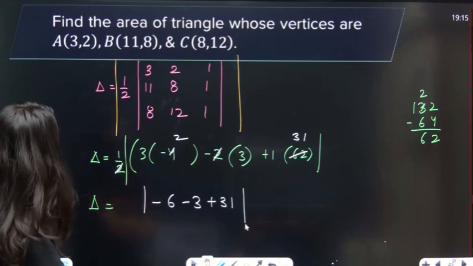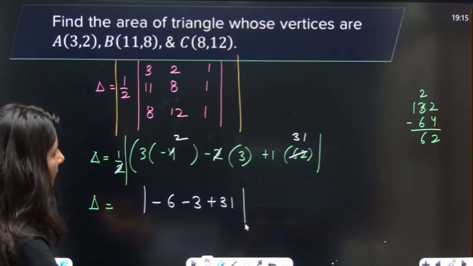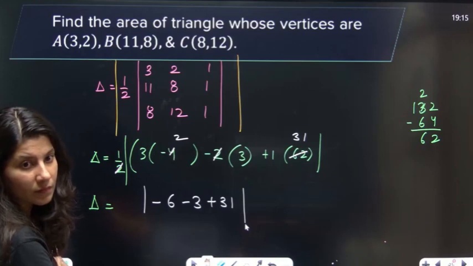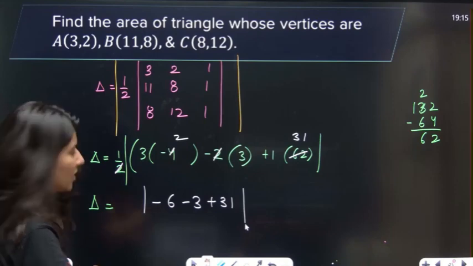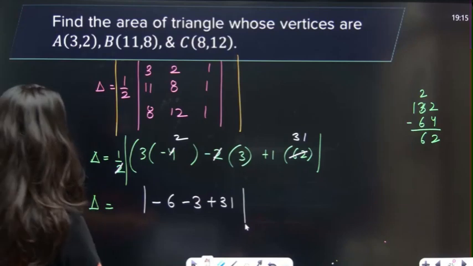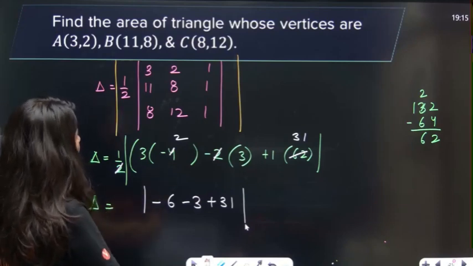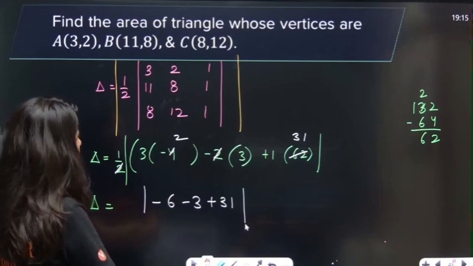Have I done anything wrong? No, answer is 25. I have done some mistake. 8 minus 12, I think this is correct. Minus 2 times 11 minus 8, which is 3.